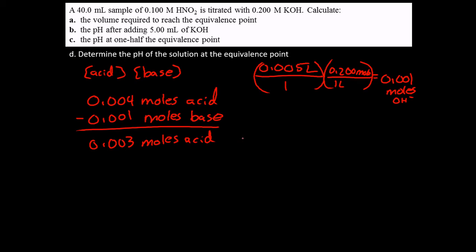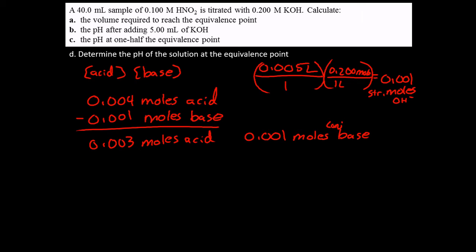So then at this point in the titration, we also have 0.001 moles of the conjugate base. So this was the strong base up here. This is the conjugate base here. Essentially, however many moles of strong base you put in, you create that same number of moles of the conjugate base, and that will always be the case.